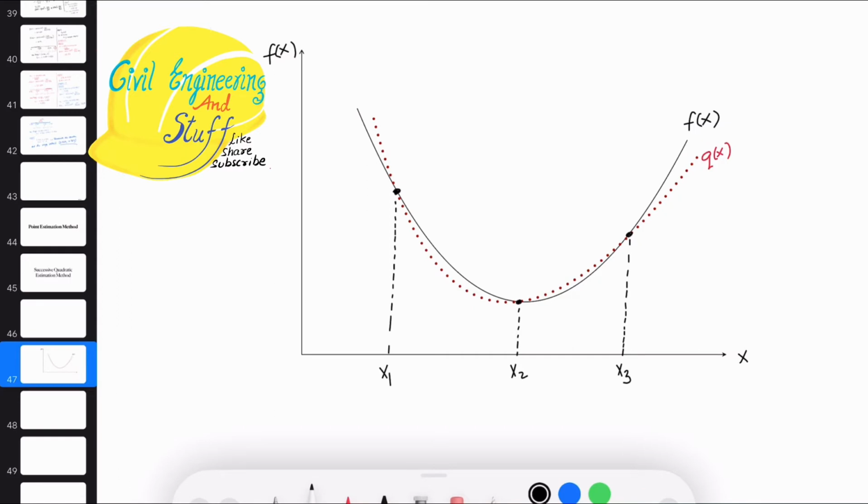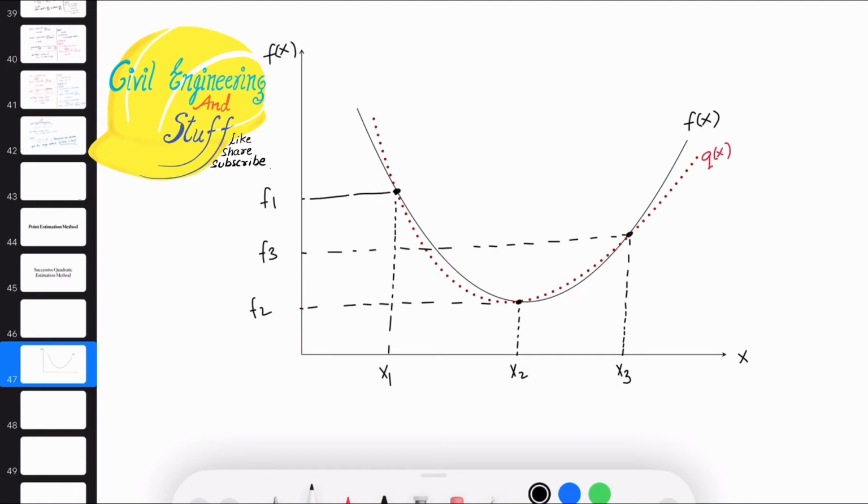Of course, for each of these values of x the function will give some value. So let's say the value here is f1, the value here is f2, and this is f3.